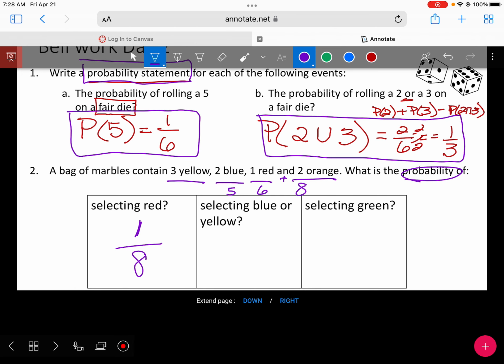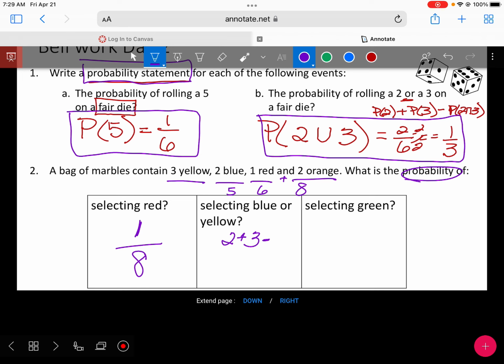All right, here, let's take a look. Selecting blue or yellow. That means, what is the probability of selecting blue? Well, how many blue wins could we have? 2. Plus, how many yellow wins could I have? 3.